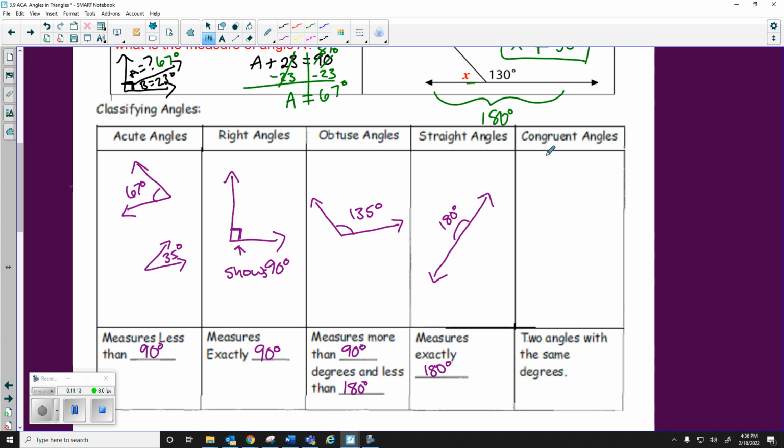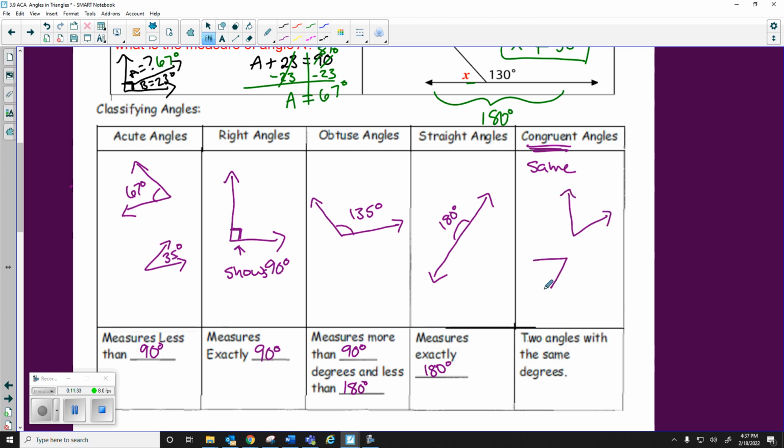And lastly, congruent. Hopefully you've seen this word before. Congruent means that they are the same. Two angles with the same measures are congruent angles. You might see word problems where it says two congruent angles. They don't have to be facing the same way, but they measure the same amount.